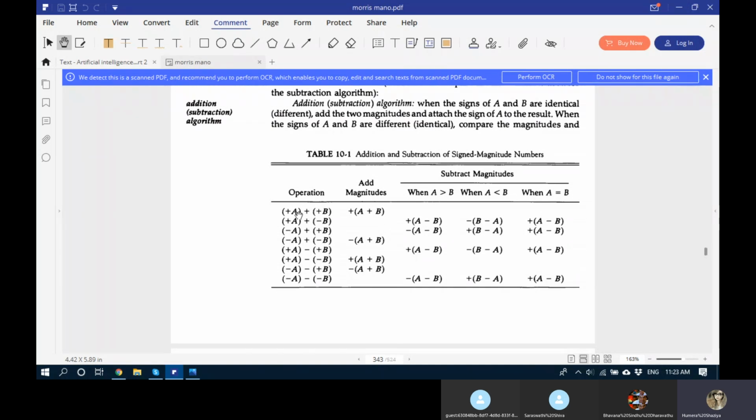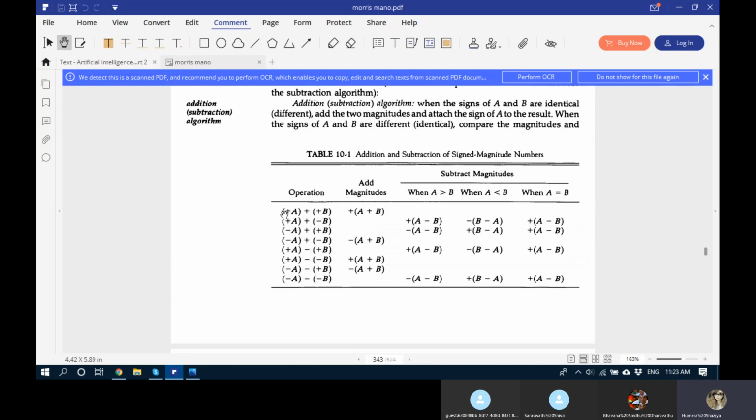Plus plus plus, minus plus minus minus minus plus.